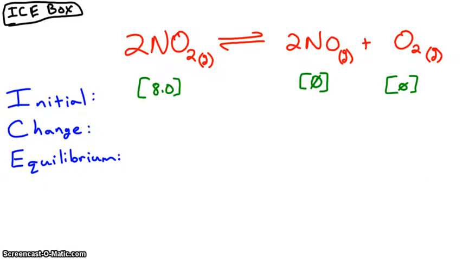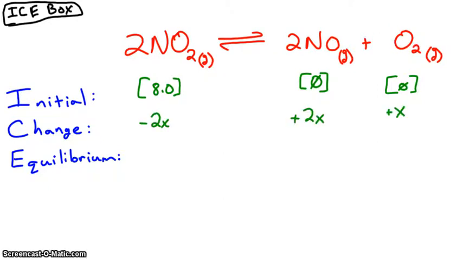First, I'm going to write in the initial concentrations of the various chemicals. Since I was told that we start out with 8 molar NO2, I wrote that in there. Then, since the reaction hasn't started yet, initially we have a 0 concentration of the NO gas and a 0 concentration of the O2 gas.